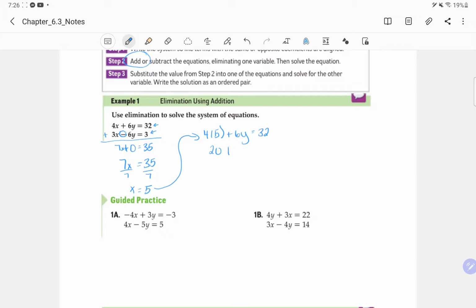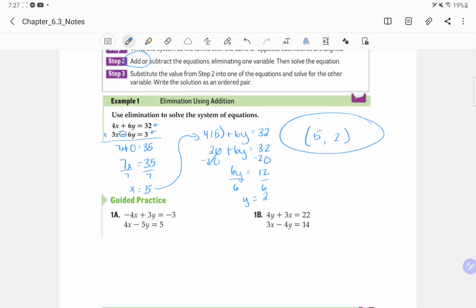That becomes 20 plus 6y equals 32. Subtract 20. Now we're just solving for y. We're just solving an equation. 6y equals 12. Divide by 6 and you'll get that y is equal to 2. So your point here would be (5, 2). And that's your answer.